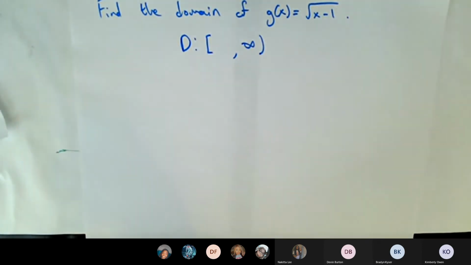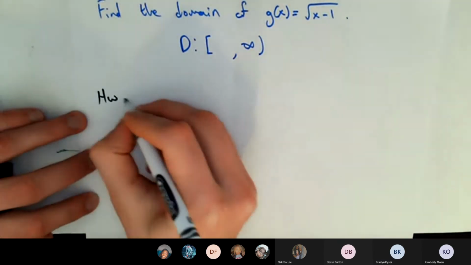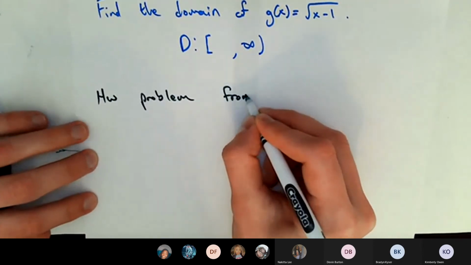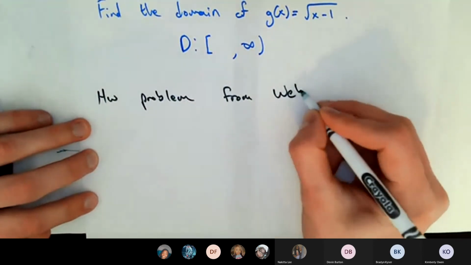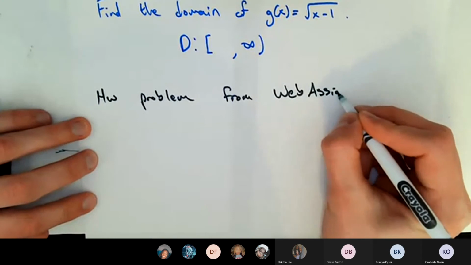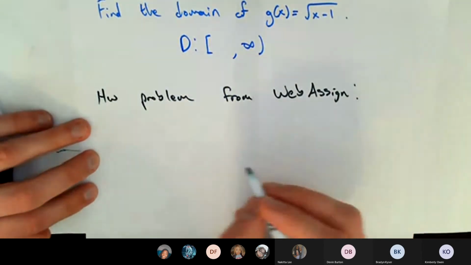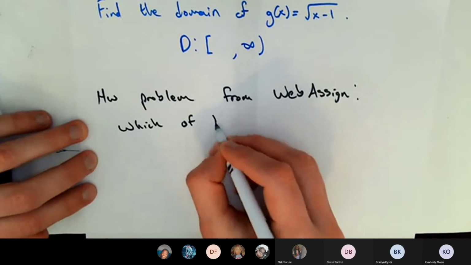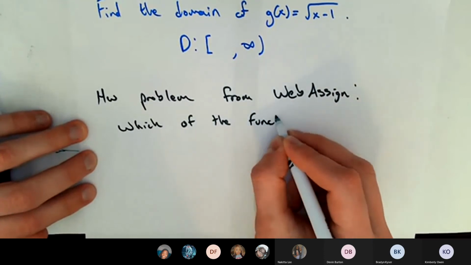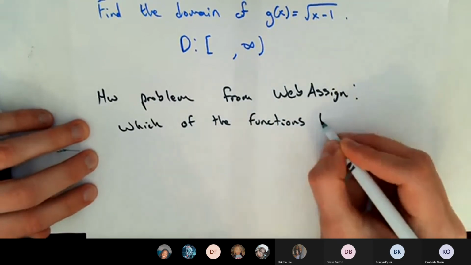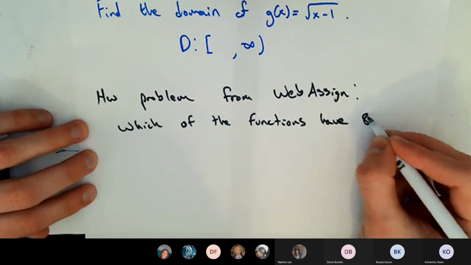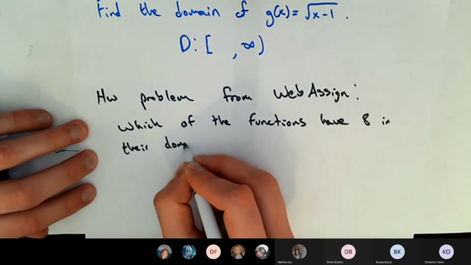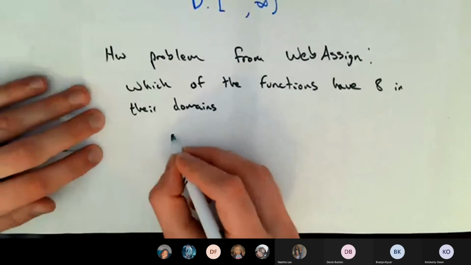This is a homework problem from WebAssign, sorry, I was thinking about a different class, that I just want to point out. Which of the functions have the number 8 in their domains? And then they give you these 3 functions.